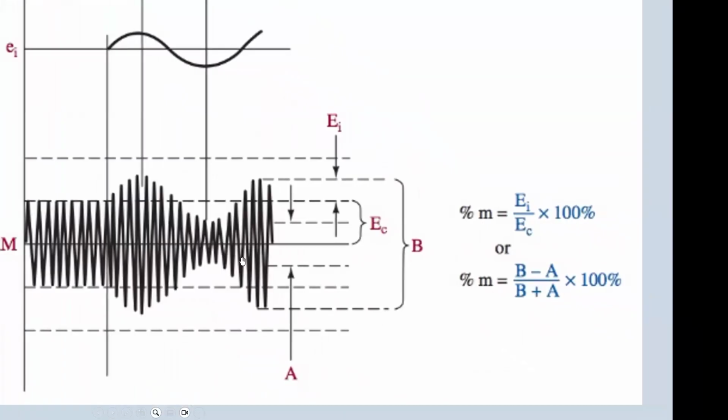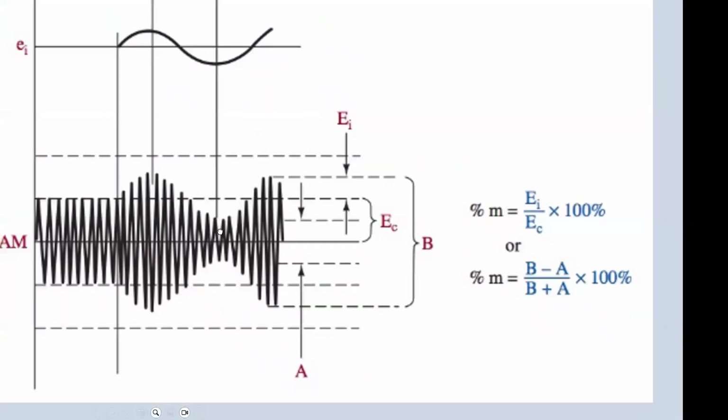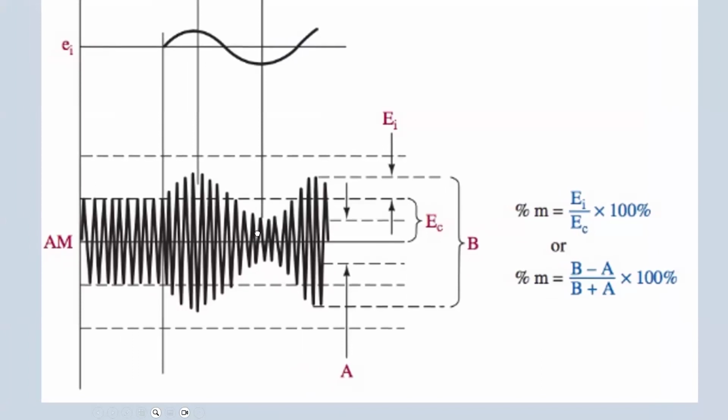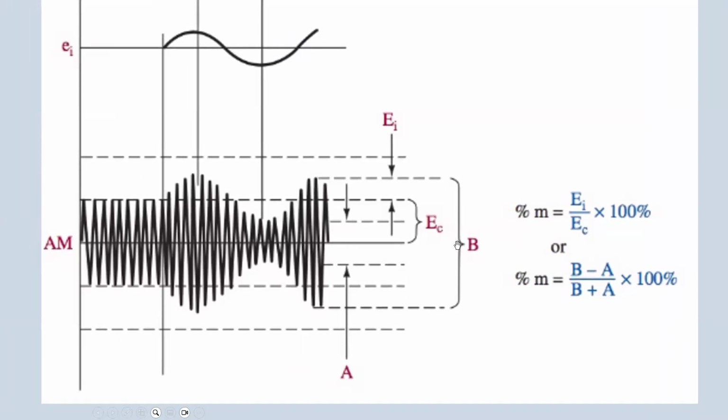Here's the same formula. Okay, so the B is, see here, that distance, that value between here and here, that's the B right here. And over here, A is this value.